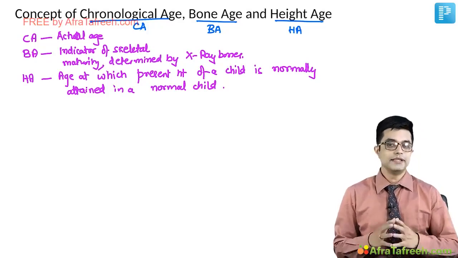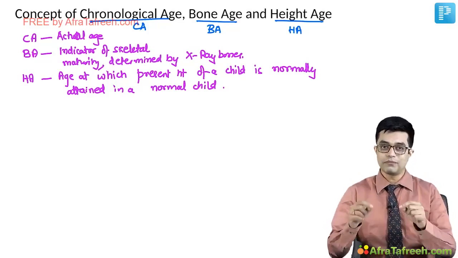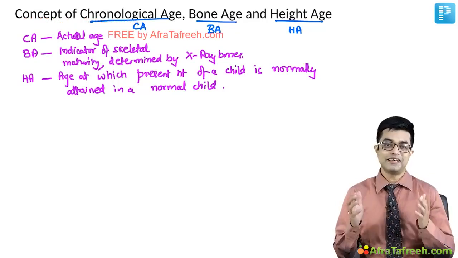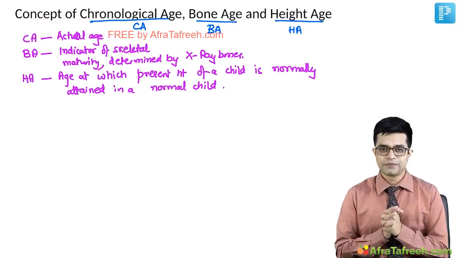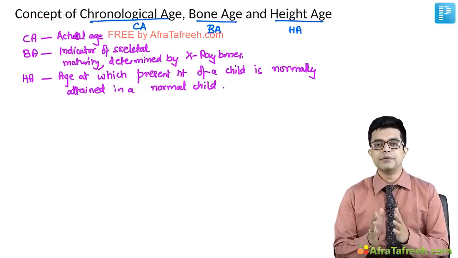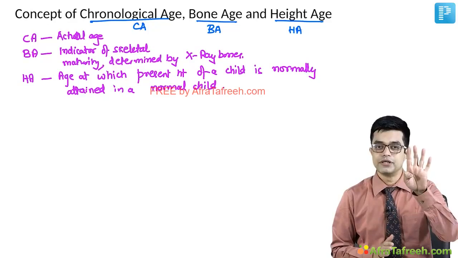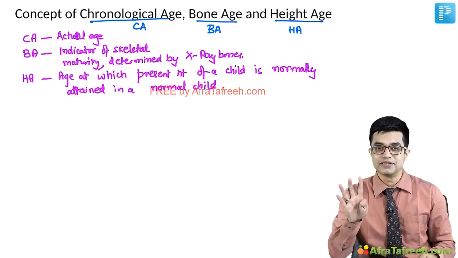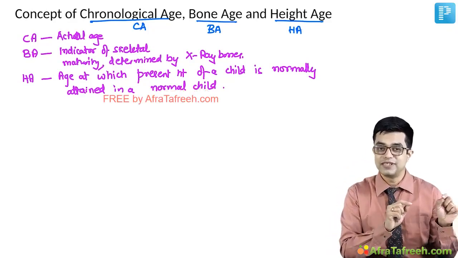Now 100 centimeter is normally attained in a normal child at what age? You can take the help of a growth chart also. 100 centimeter in a normal child is attained at 4 years of age. So what is the height age of this child? 4 years.